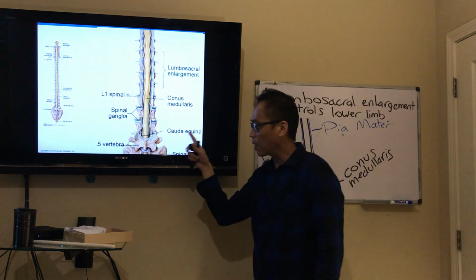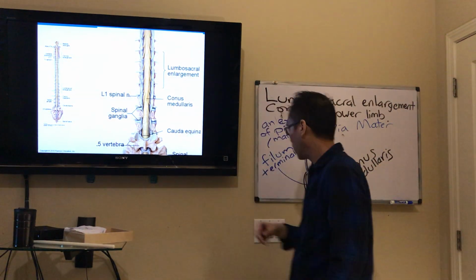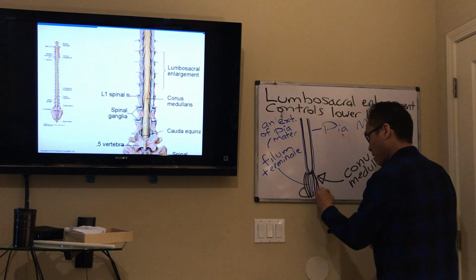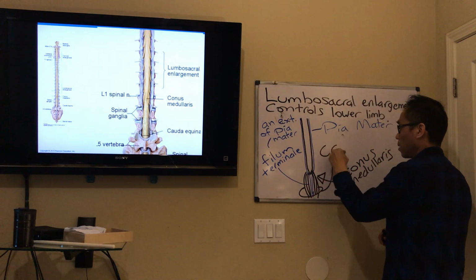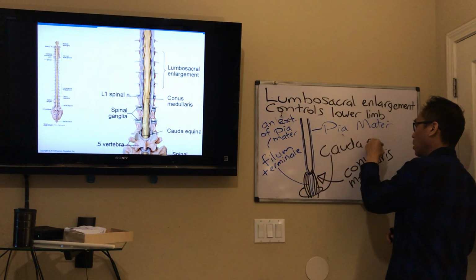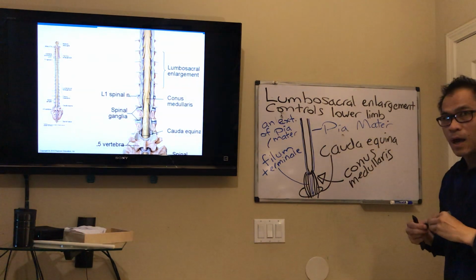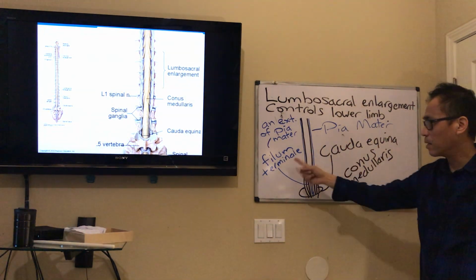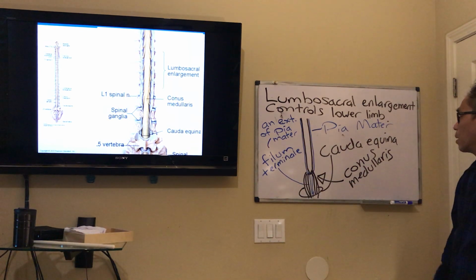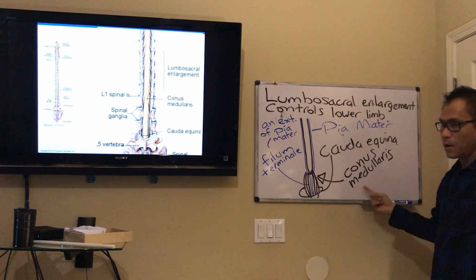And they call it the cauda equina, which means horsetail. So now, Filum Terminale, cauda equina, and conus medullaris.